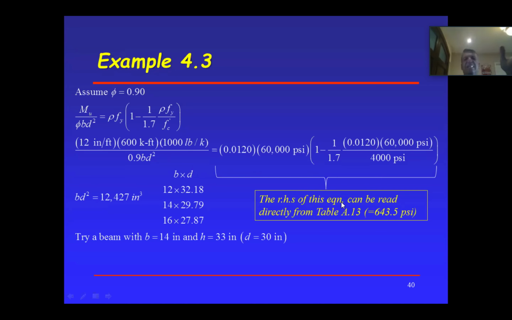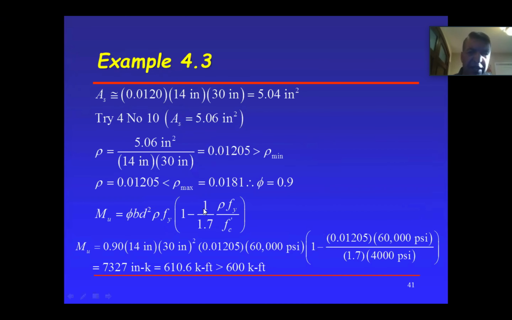So bottom line, I can say Mu over phi bd squared, because I know my rho, I can put 643.5 right there instead of all this. Then b and d squared are unknowns, and you solve for that. Anyway, we're going to see it again in a minute.